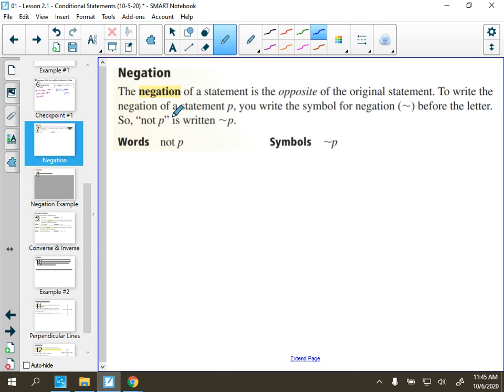So a lot of times with negation, the note that we took, we didn't say anything with symbols. We didn't do anything with not P or anything like that.